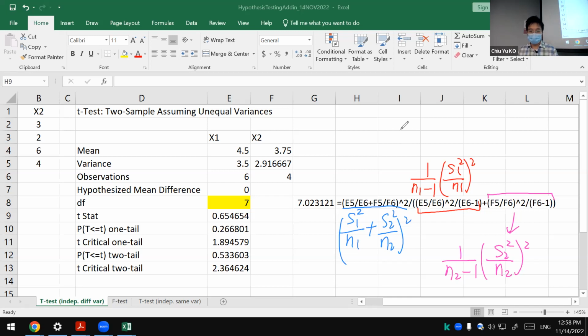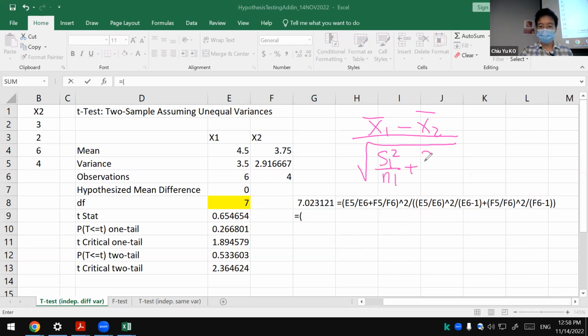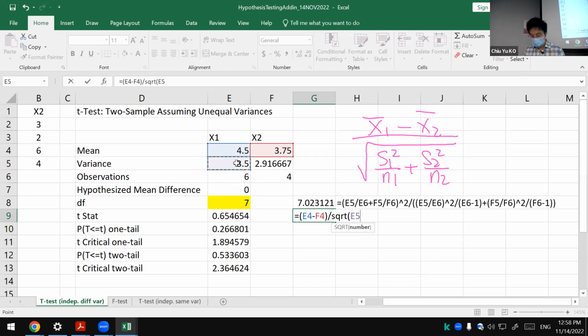And finally, I probably want to show the t-stat. If you still recall, maybe I just write it down in case: x1 minus x2 over the square root of S1² over N1 plus S2² over N2.